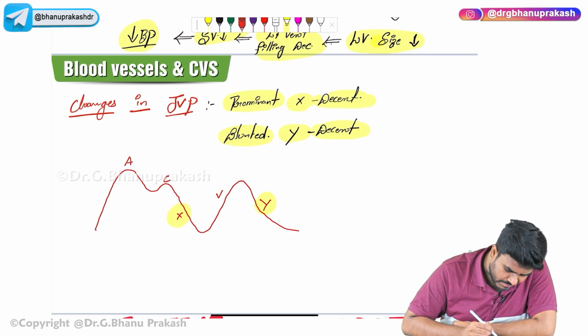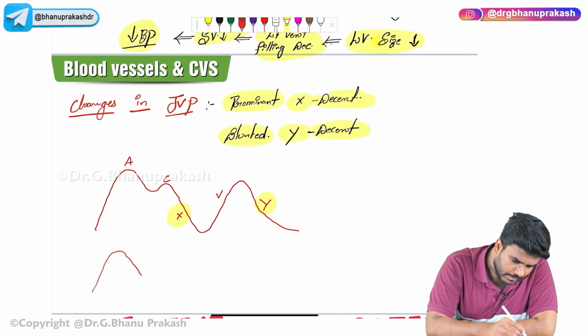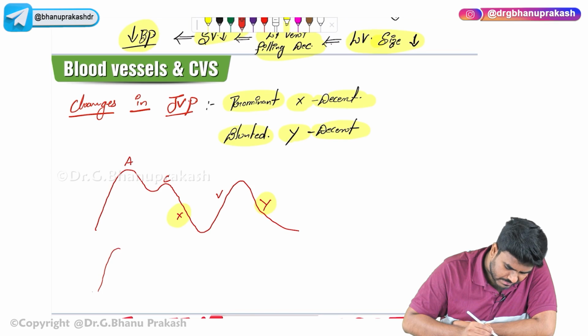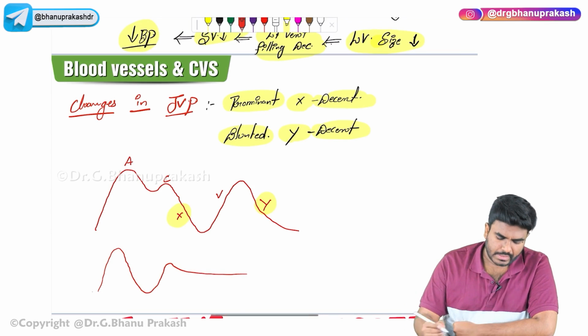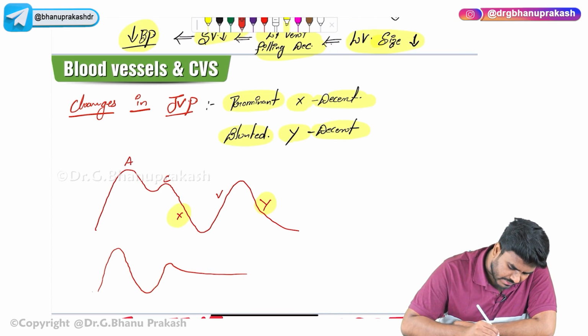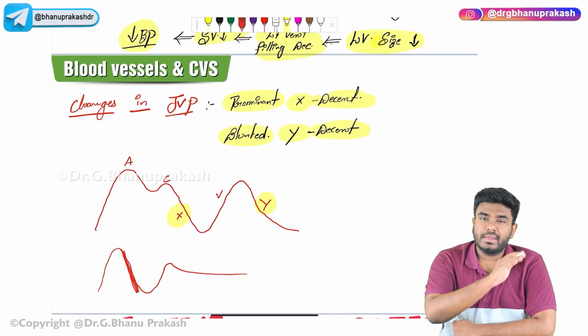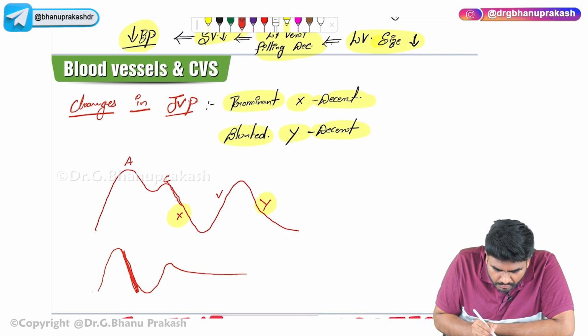See, this is how the waves are going to be. In pericardial tamponade, the jugular venous pressure will become something like this. See how prominent the X wave is. The X wave is steeper now when compared to the first condition.